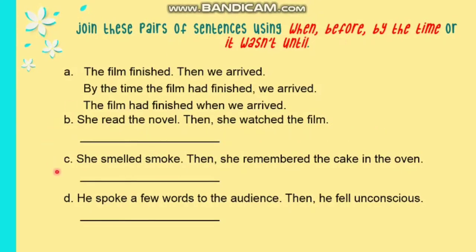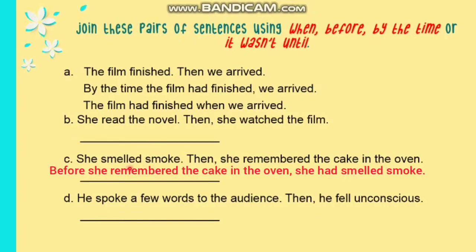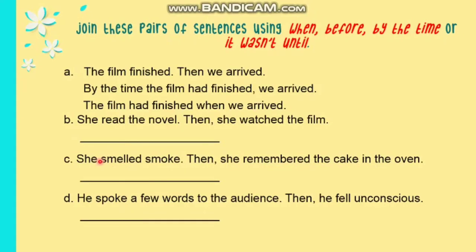Okay, C, she smelled smoke, then she remembered the cake in the oven. Juga sama, mau misalnya yang ini dulu, boleh. Before she remembered the cake in the oven, she had smelled smoke. Ya, itu dibalik tadi ya, boleh.